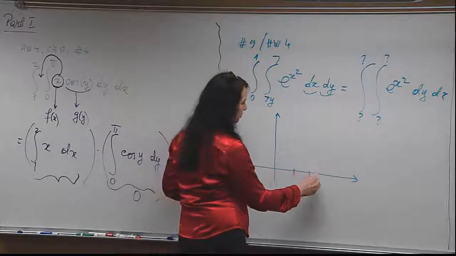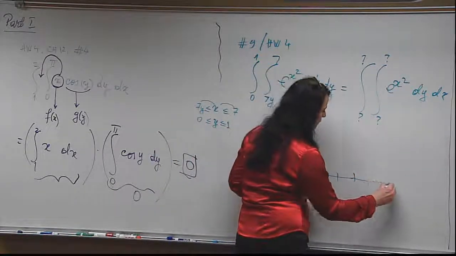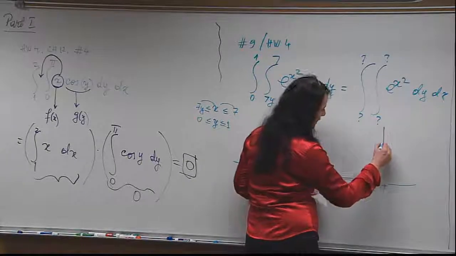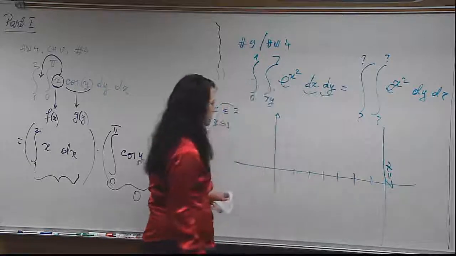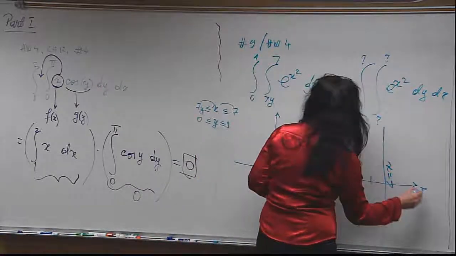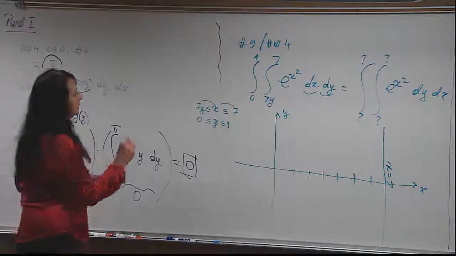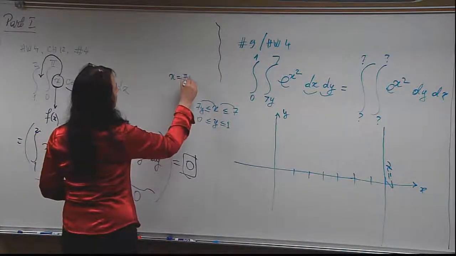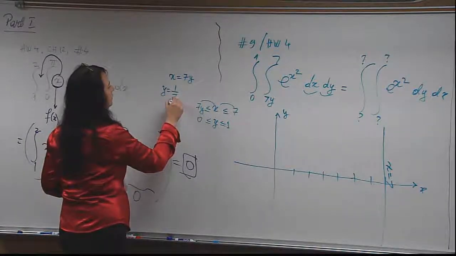I have to do 1, 2, 3, 4, well, 5, 6, 7. This is a vertical line, x equals 7. That's the x-axis. That's the y-axis. I'm trying to draw the domain. And what is x equals 7y? x equals 7y is the same as y equals 1 over 7 x.